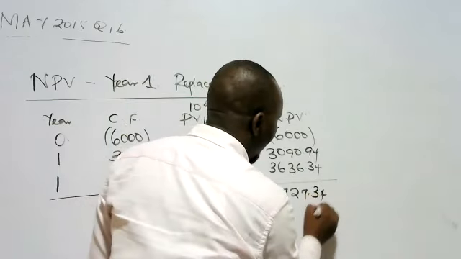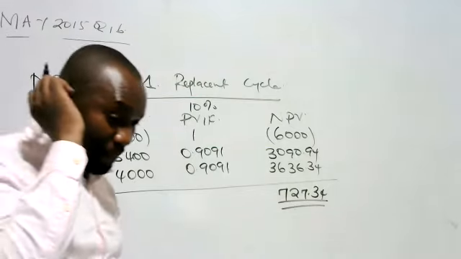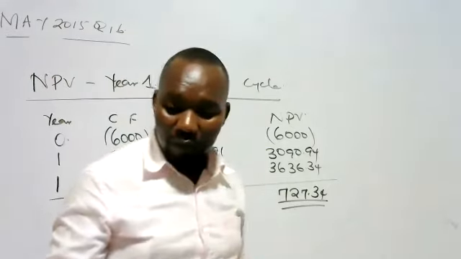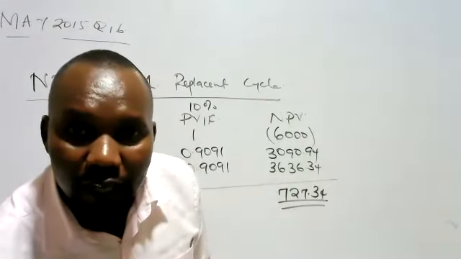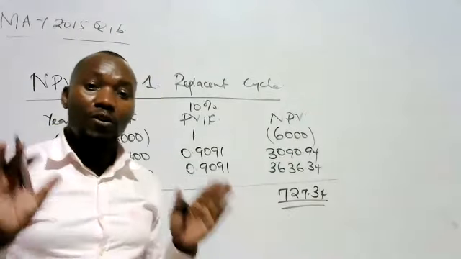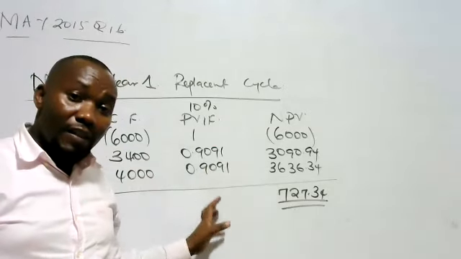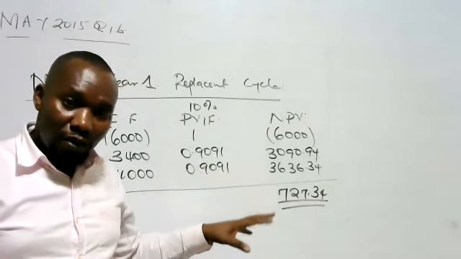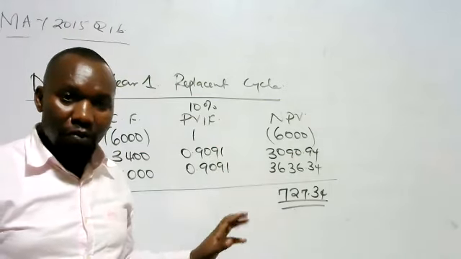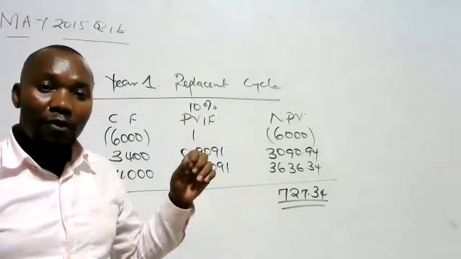727.34. Keep this one dearly in your hearts. The reason is, I want you to understand something. When you want to compare and advise whether to sell at year 1, year 2, year 3, we don't want to be biased. We don't want to be biased because this machine is going to generate revenue at different periods. So we're going to compare different periods because sasa tumeona year 1, we are going to see year 2, year 3, and year 4.